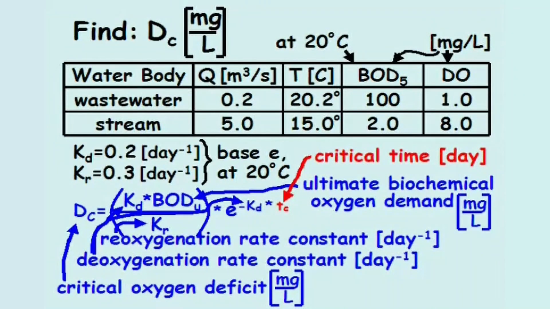The problem statement already provides the oxygenation rate constants, K sub D and K sub R, but we do not know the values of the ultimate BOD or the critical time. We'll first solve for the ultimate BOD.